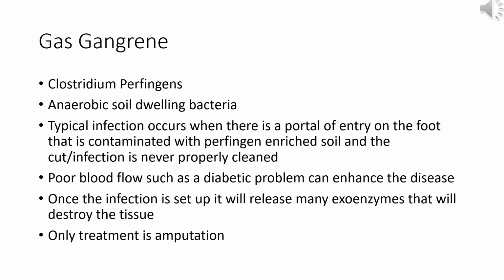Once the infection is set up, it'll release exoenzymes that will destroy tissues. If it can destroy the tissues, it's going to destroy the veins and the circulation, which ultimately means you won't have any more oxygen. Therefore, it can spread.